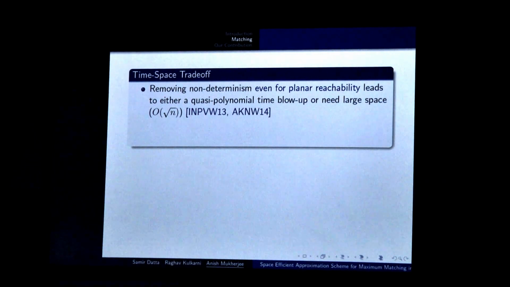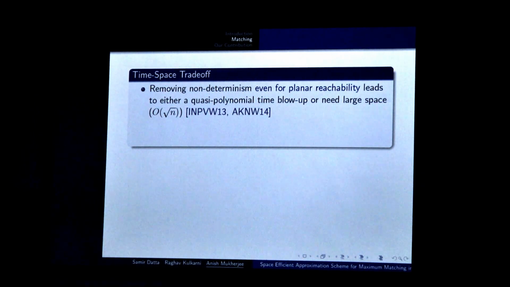Another interesting line of thought. What we are trying is that we know we can do something in NL and we are trying to remove the non-determinism. Even for reachability and other problems, we know that we can remove non-determinism with Savitch's theorem, which says that we can do it in log squared n space, but the problem is the time becomes super-polynomial.